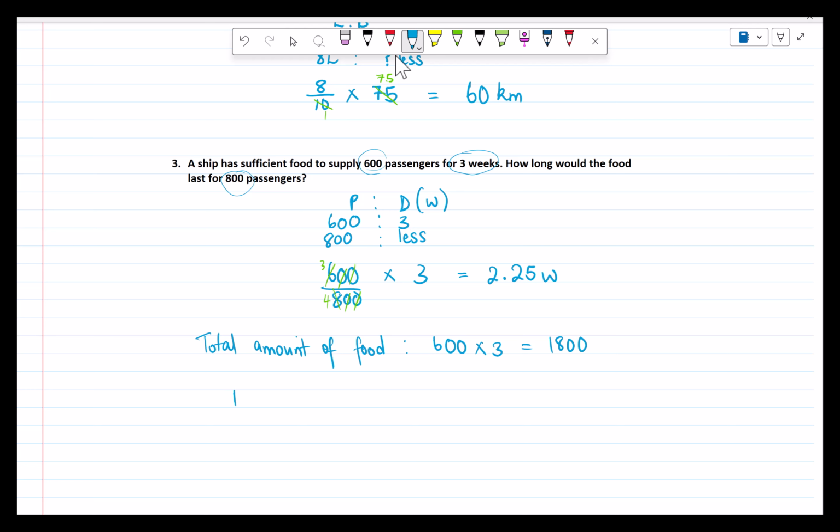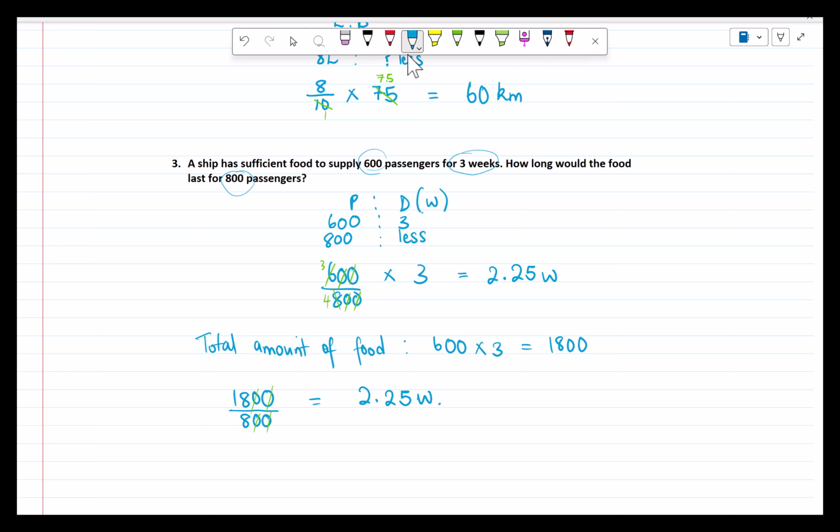The last step would be to divide. Remember, we got 1,800 and we're going to divide it by the new number of passengers, which is 800, and we'll cancel this 0 and this 0, this 0 and this 0, and now we're left with 18 divided by 8, which gives us 2.25 weeks. So this is another way of going around this question. Both of the methods will still give you the same answer.